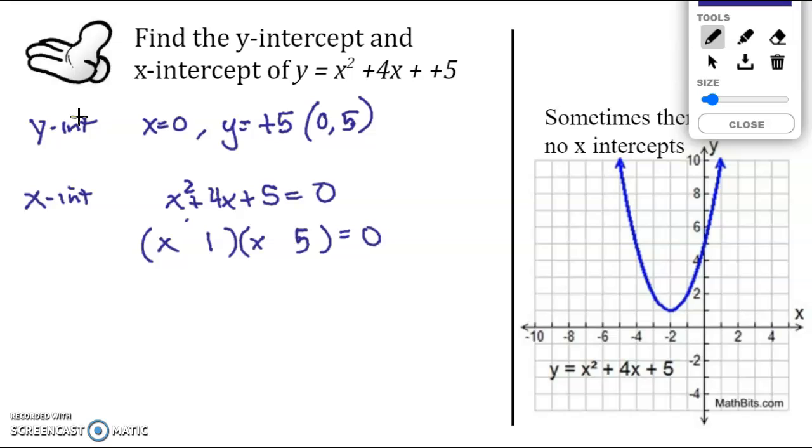If I add 1 and 5, I get 6. Even if it was negative, it's going to be -6. So this equation is not factorable. And if that is the case, that means there is no x-intercept. And that's what it is. Okay, it does not cross the x-axis at all.